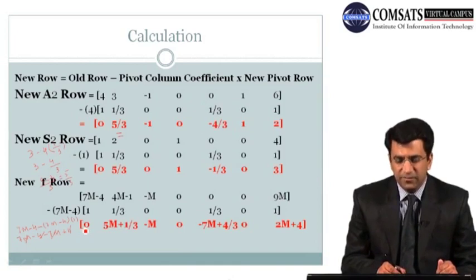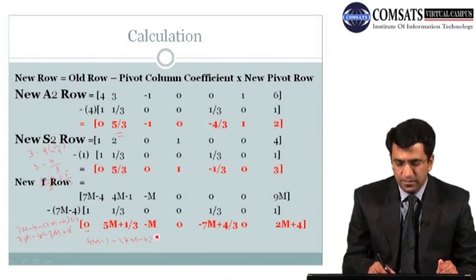Let me calculate another value, that is the second value of this F row. This will become 4m minus 1 minus 7m minus 4 multiplied by 1 by 3. Now we'll have to solve this particular equation.